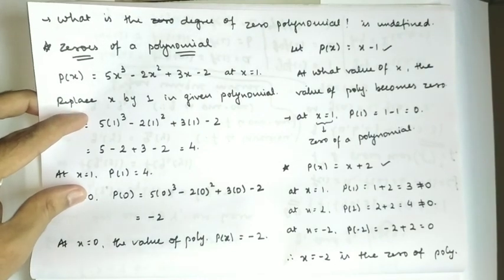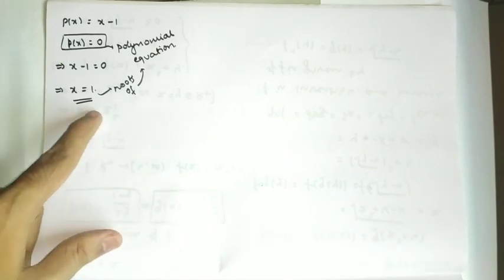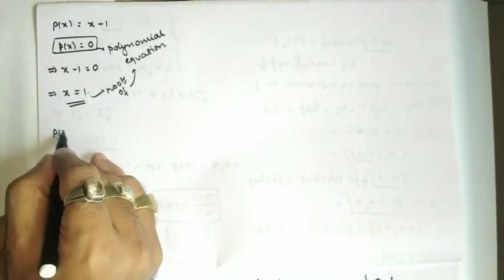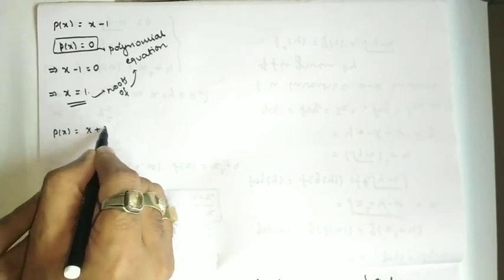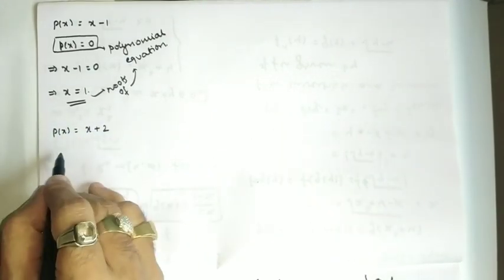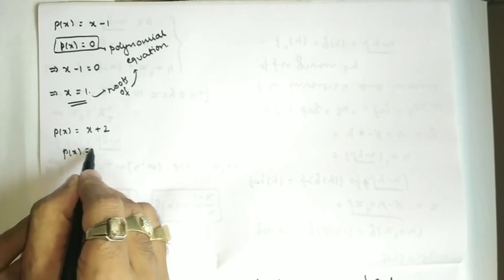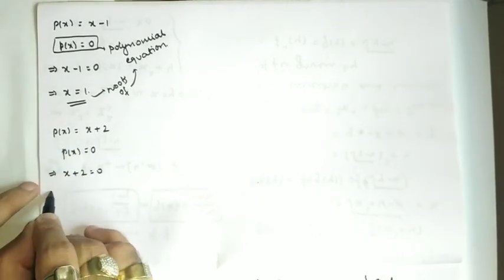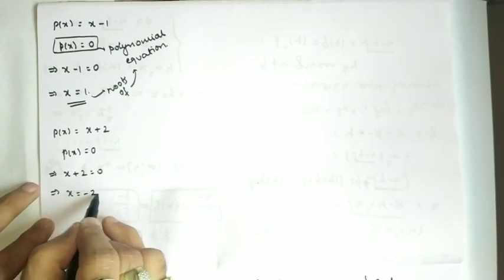So we can say like this, that the zero of a polynomial and the root of a polynomial equation are the same. See, I'll give you one more example. The same example, p of x equals x plus 2. Correct. And if I say p of x is equal to 0, that means x plus 2 equals 0, and that means x is going to be minus 2. So I can easily say that the zero of a polynomial and the root of the polynomial equation are the same.